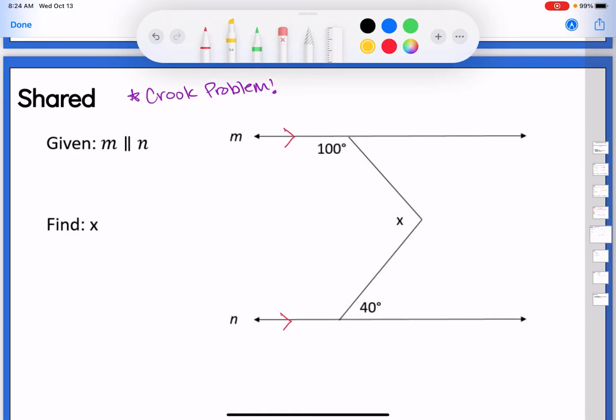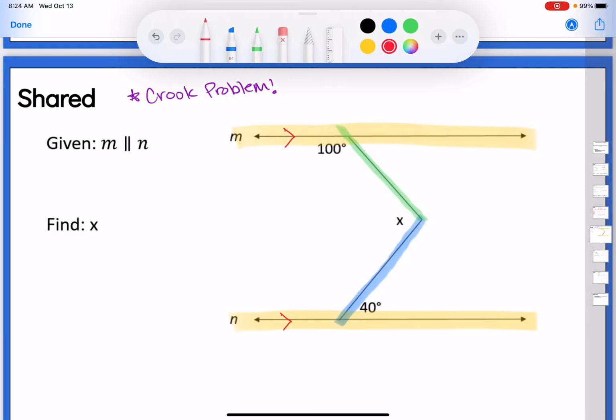If I highlight them, M is parallel to N. And then I have this transversal. But the transversal is strange, because first it goes in this direction, then there's this crook, and then the transversal goes the other direction. Our transversal never changes direction like that usually. That's why we call this a crook problem.